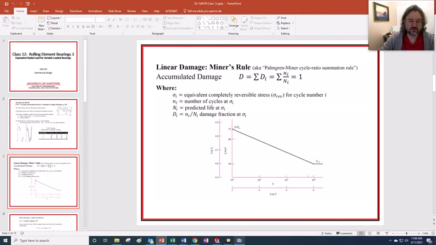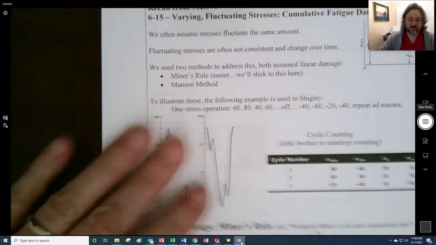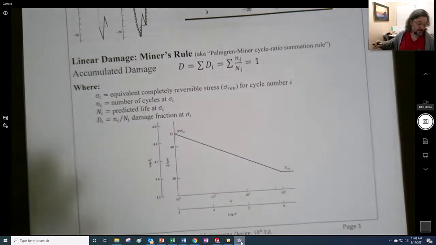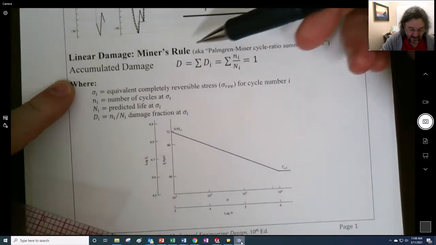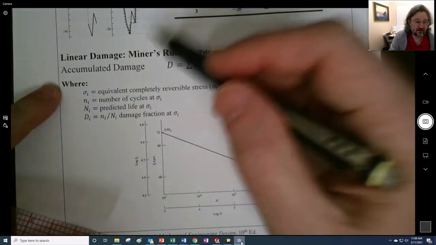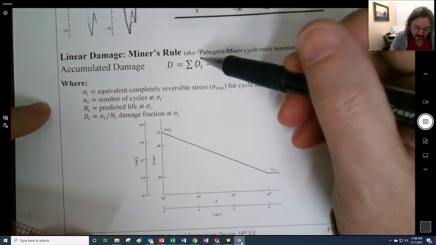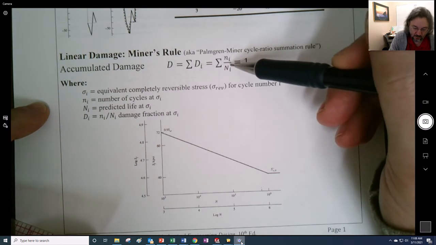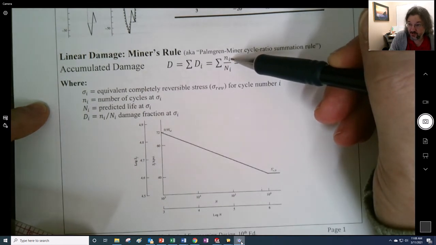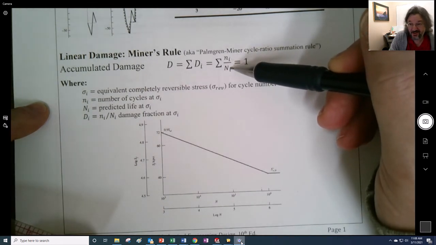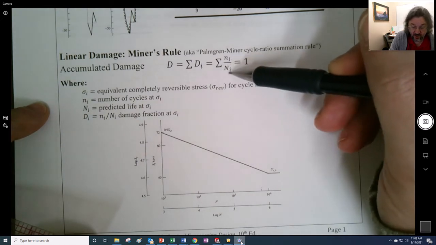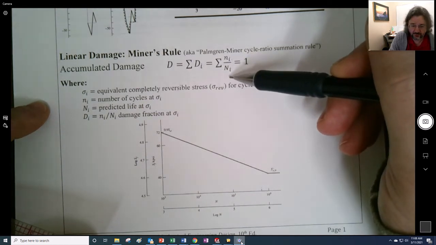So let's take a look at the camera here. You remember that the idea of Miner's rule is that we have accumulated damage, so we have this damage fraction idea, where we have the number of cycles divided by the number of possible cycles. So this right here is going to be the life at a particular loading.